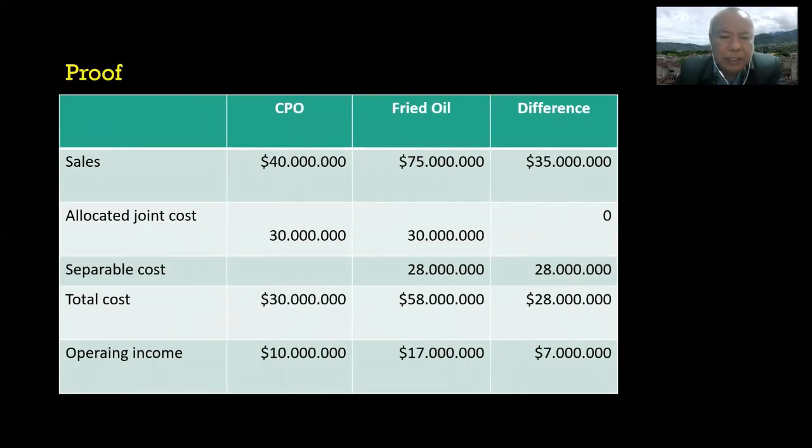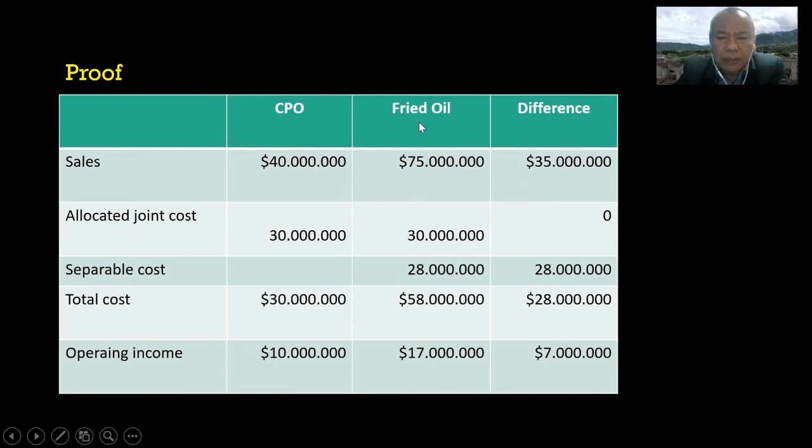If we just sell in terms of CPO, our sales 40 million, our allocated joint cost 30 million, and then we have the total cost of 30 million, and we have operating income $10 million.